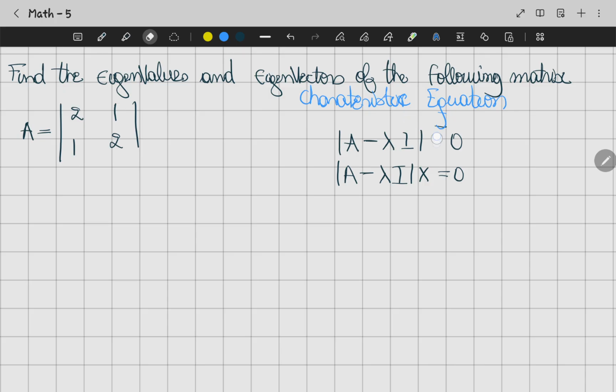Thus we do it. Let's find the determinant.